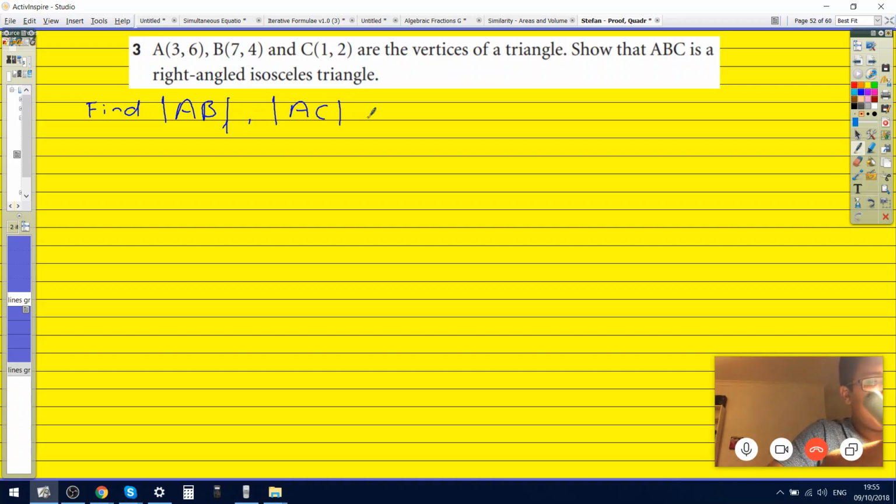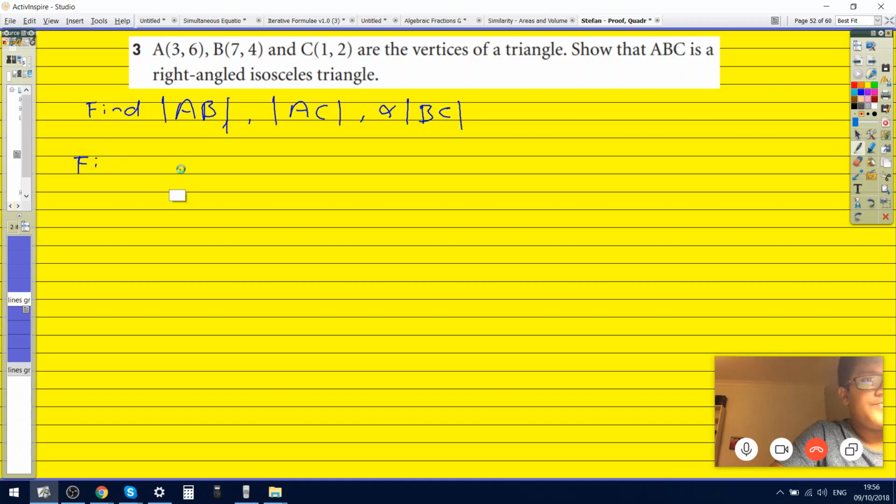You have to find out if one of them is the negative reciprocal of another. That doesn't work with length. If it's an isosceles triangle, two of the sides will be the same length. Correct.